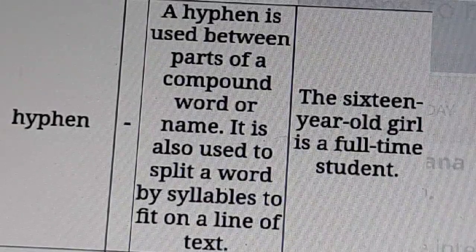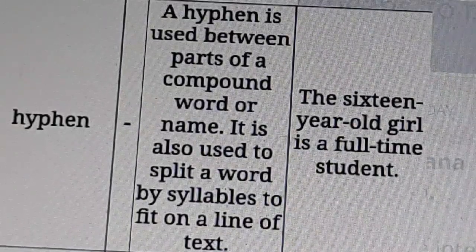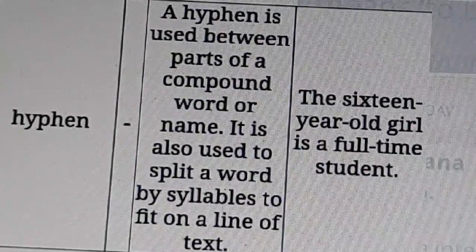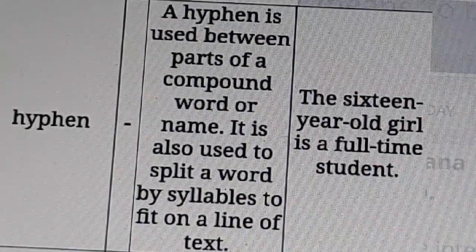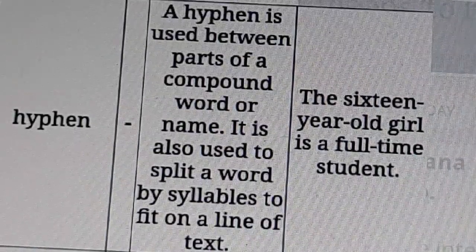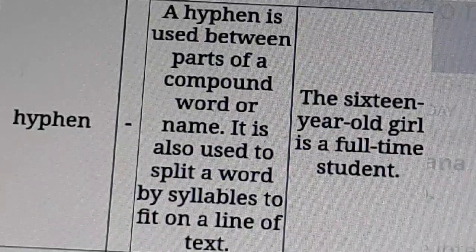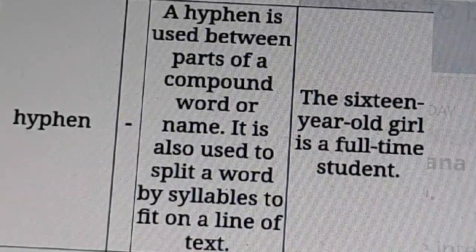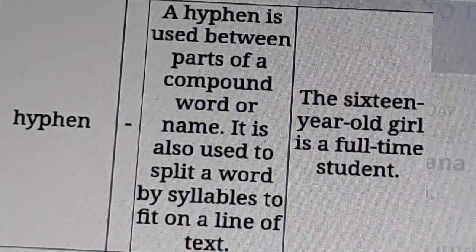Example, the 16-year-old girl is a full-time student. Here is a compound word, 16-year-old. We put a hyphen there after 16 and also after year. In this compound word we use hyphen.